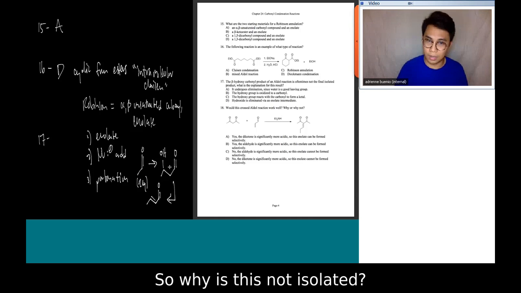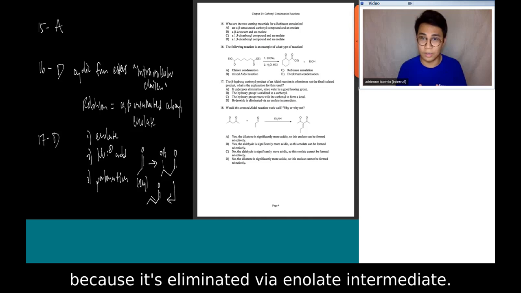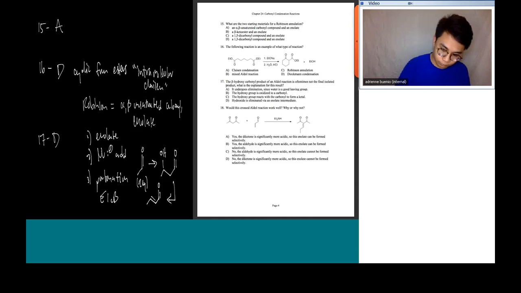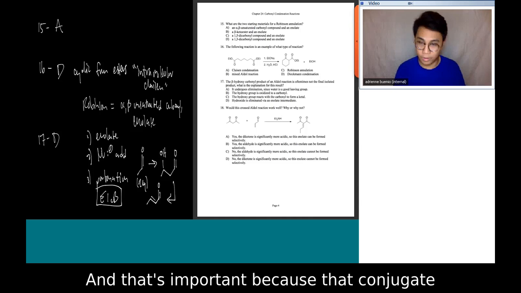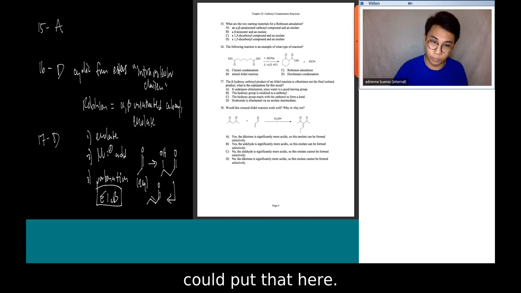So why is this not isolated? Well, you should have gotten D, because it's eliminated via an enolate intermediate, right? So this is elimination of the conjugate base, and that's important because that conjugate base is what the enolate is.